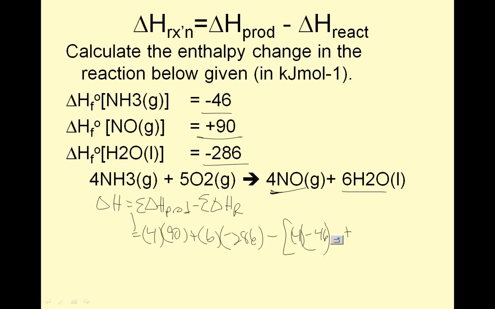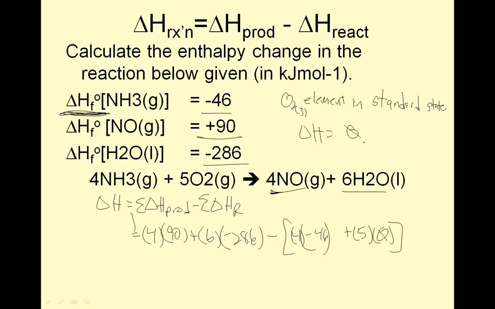Now remember, these delta H are the energy to make it, the heat of formation. O2 is an element in its standard state. So all elements in their standard state, and notice oxygen's a gas, in its standard state have a delta H that equals nothing. Okay? So that would be 5 times 0.